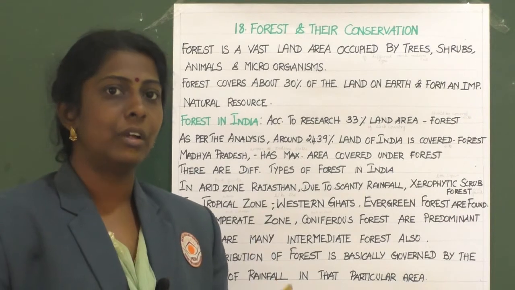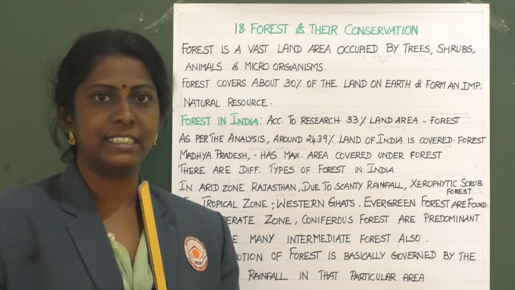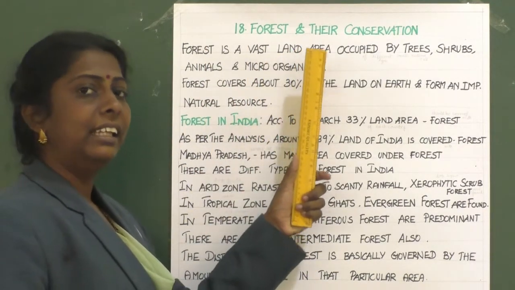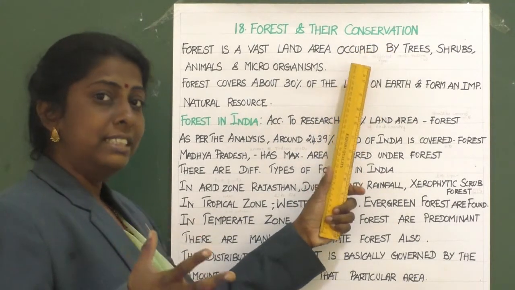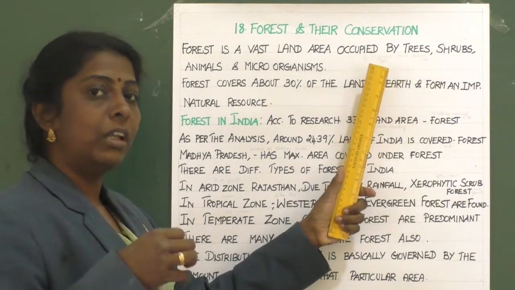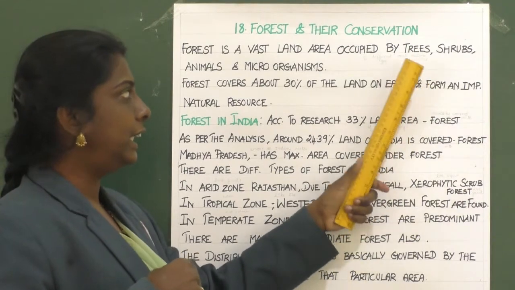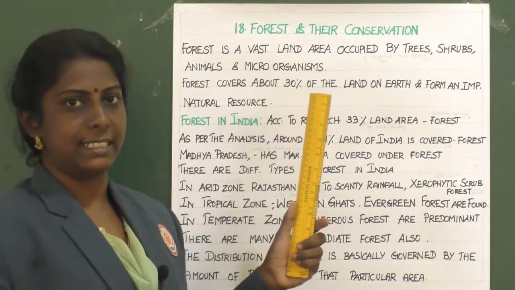As I said, forest is a place which is surrounded by trees, isn't it? Yes. Forest is a vast land area occupied by different types of trees. The trees might be small, medium or tall, along with shrubs, animals and microorganisms.